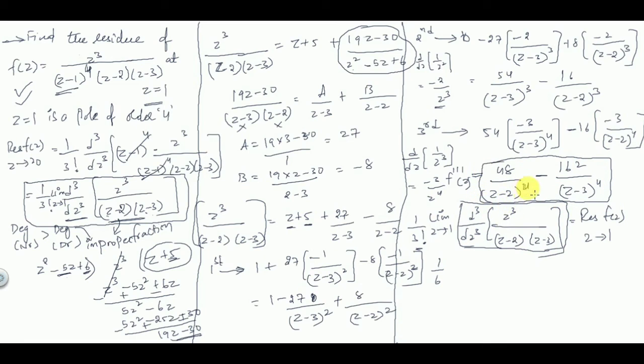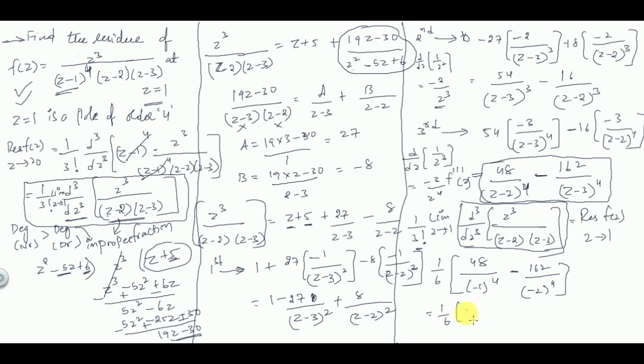by z minus 2 whole to the power of 4 minus 162 by z minus 3 whole to the power of 4. If you substitute z equal to 1, you will get 48 by 1 minus 2, which is minus 1, whole to the power of 4, minus 162 by 1 minus 3, that is minus 2 whole to the power of 4.